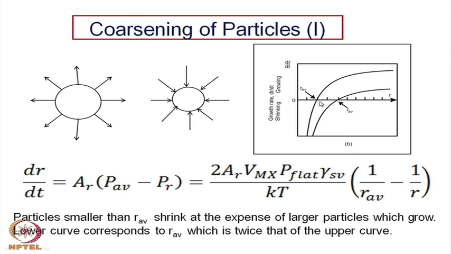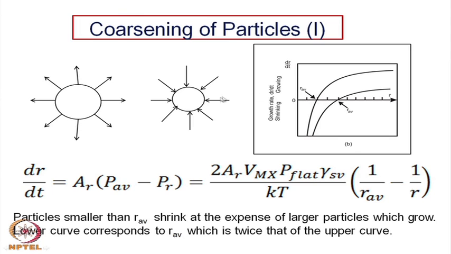Any particle having a value more than this value has a positive dr/dt, whereas less than this is a negative dr/dt. Okay. That is very critical. So, this is either you can call it an average particle size or a critical particle size.